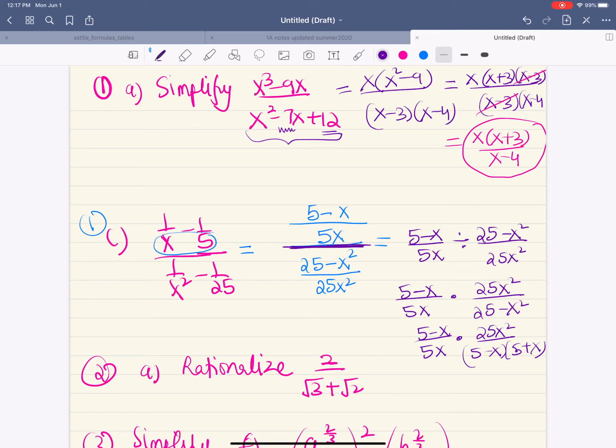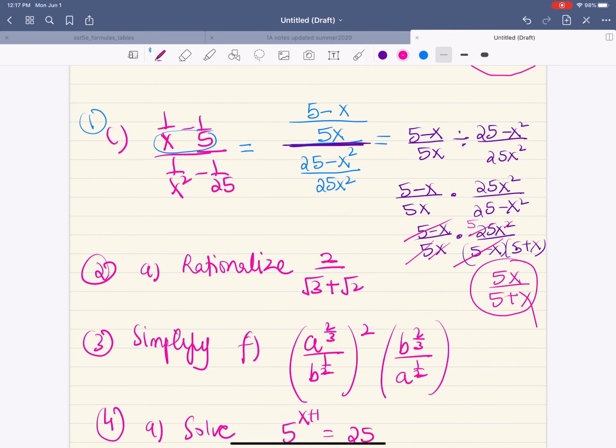This is difference of squares. So 5 minus x and 5 minus x is gone. And 5 times 5 is 25. X and x is gone. And I'm left with 5x divided by 5 plus x. Okay, and that's my simplified fraction. There's nothing else that we can do about it.